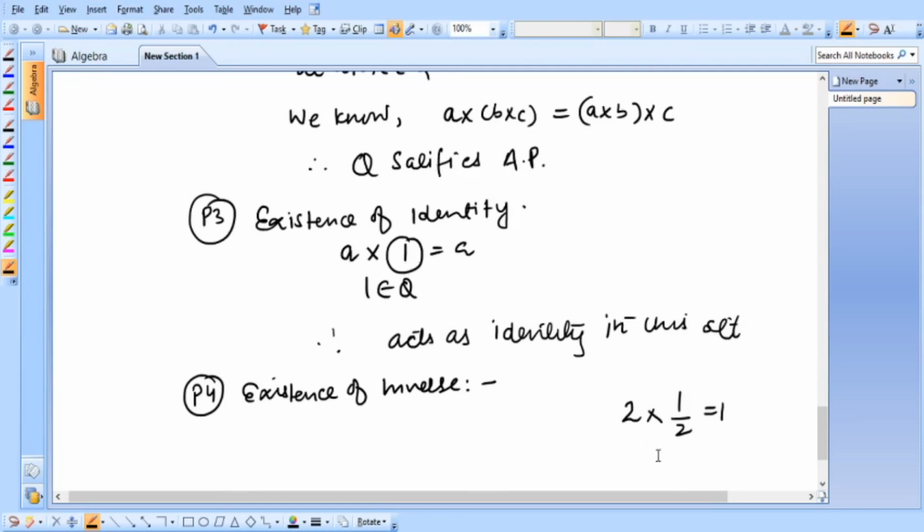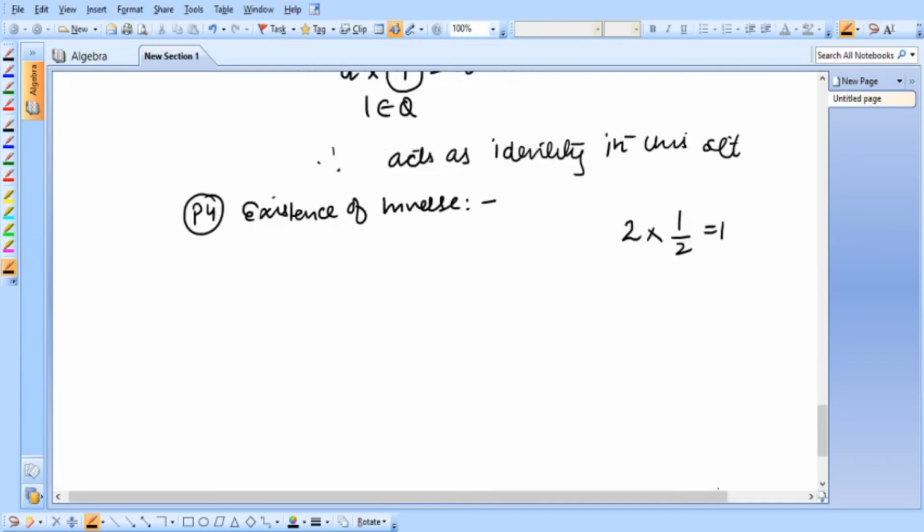Or you can say the inverse of 2 by 3 is 3 by 2.